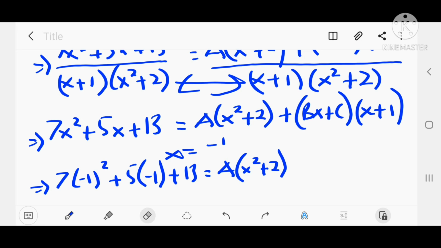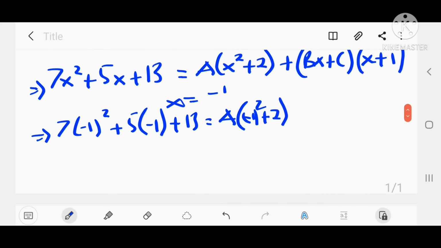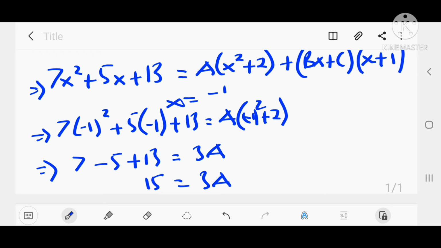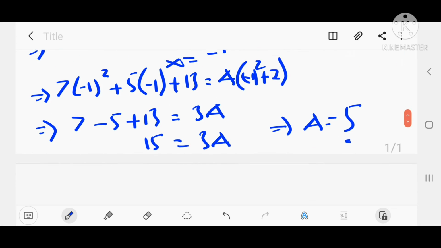But we shouldn't forget that here it is supposed to be (-1) squared. So this gives us 7 minus 5 plus 13 equals, this gives us 1 plus 2, so 3a. So we get 15 equals 3a. That means our a equals 5. So that is the value for a.